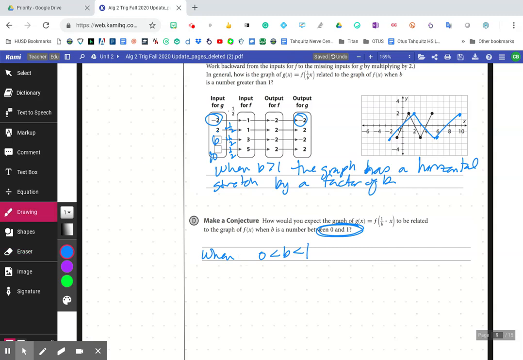Okay. The graph will horizontally compress by a factor of b.